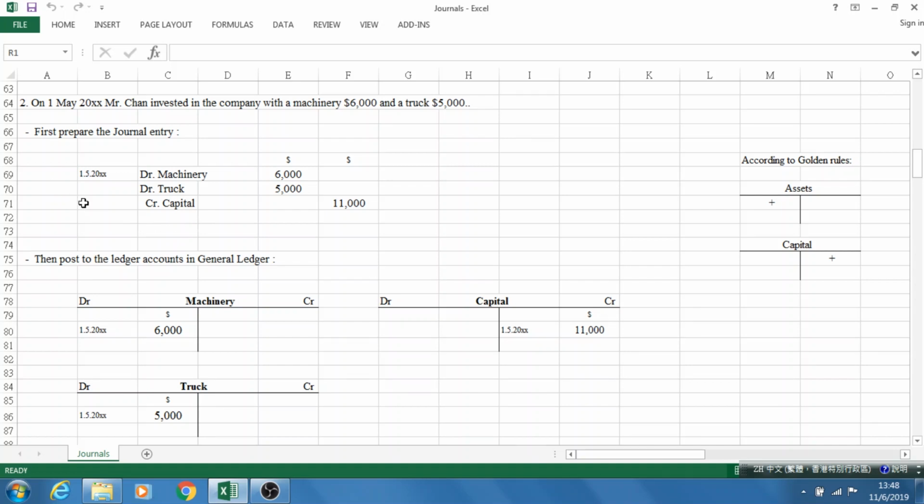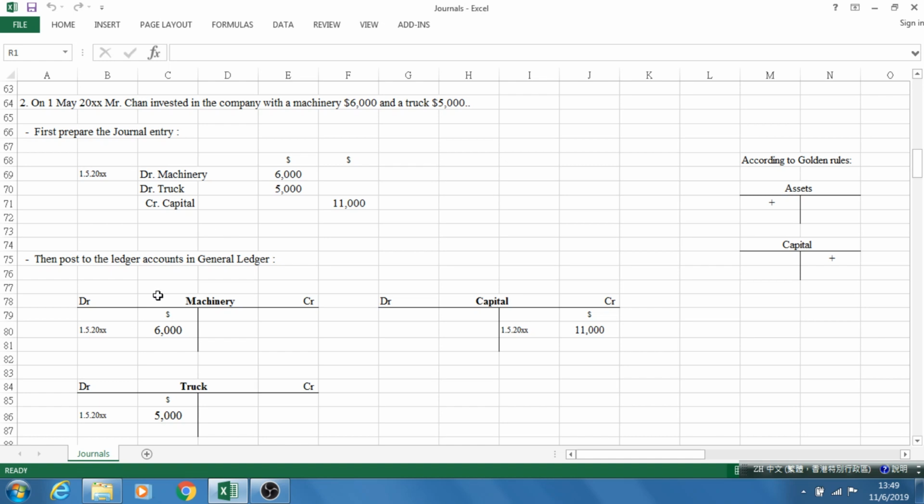First, prepare the journal entry. Date: debit machinery account 6,000, debit truck 5,000, credit capital 11,000. Then follow this journal to post to the ledger account in general ledger.